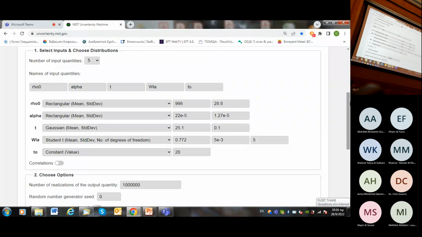The same is true for the gamma variable, the expansion coefficient. For temperature, it's the measurement, which was 25.1, and the uncertainty is half of the uncertainty of the calibration certificate.